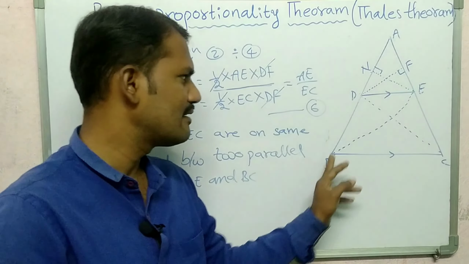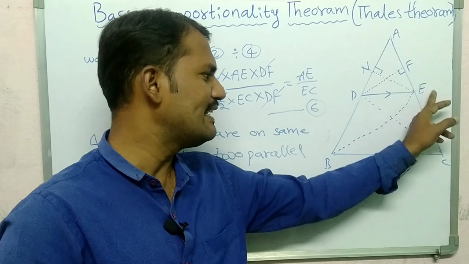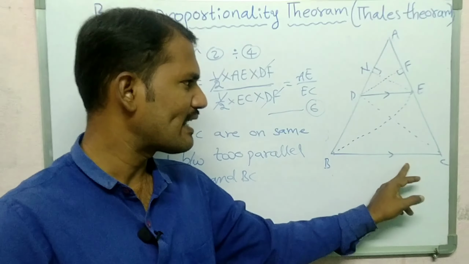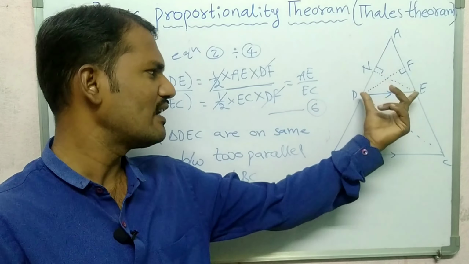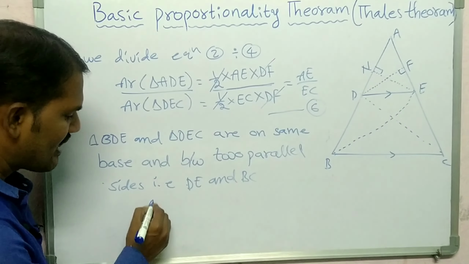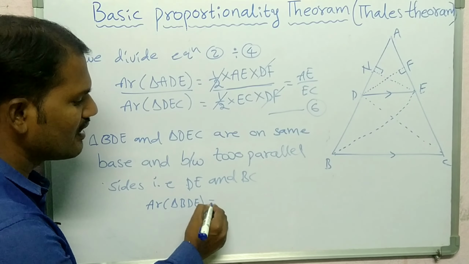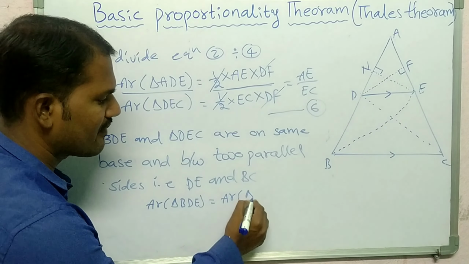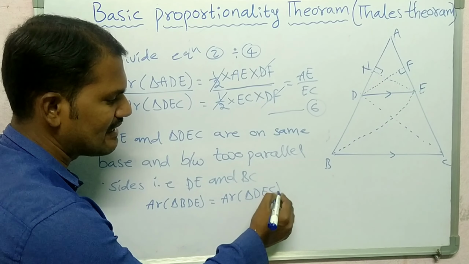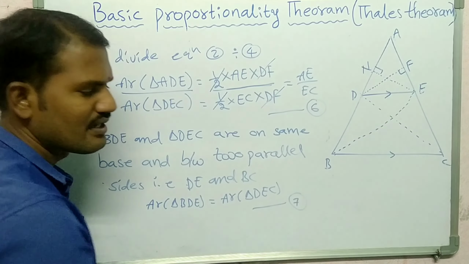Here, triangles BDE and DEC are between two parallels and on DE. So we can say area of triangle BDE equals area of triangle DEC. This is equation number 7.